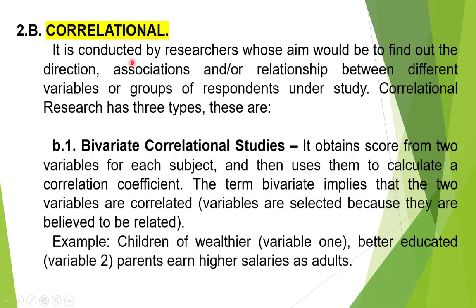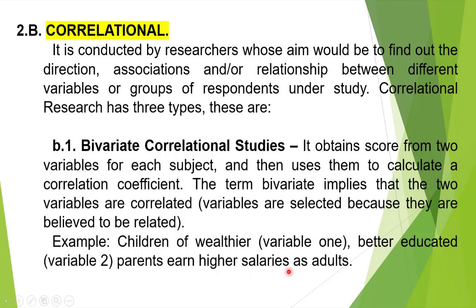Next, correlational. It is conducted by a researcher whose aim is to find out the direction, associations, or relationship between different variables or groups of respondents under study. So, you will be dealing with variables for the correlational. And it has three types. Bivariate, from the name bi, you're dealing with two variables. For example, children of wealthier, that's variable 1, better educated, that's variable 2, parents earn higher salaries as adults.